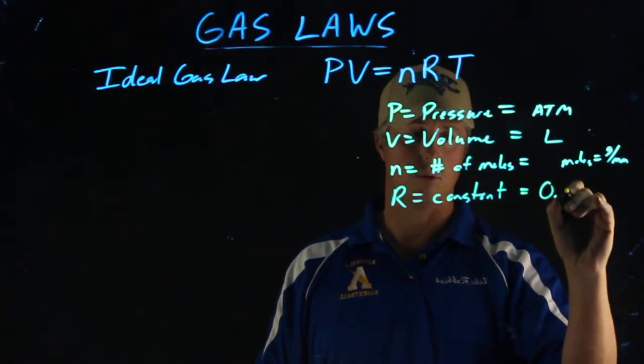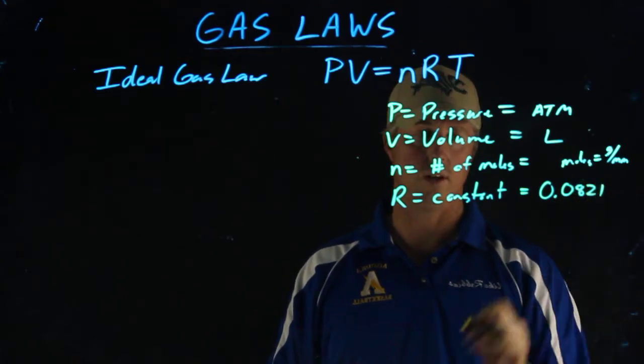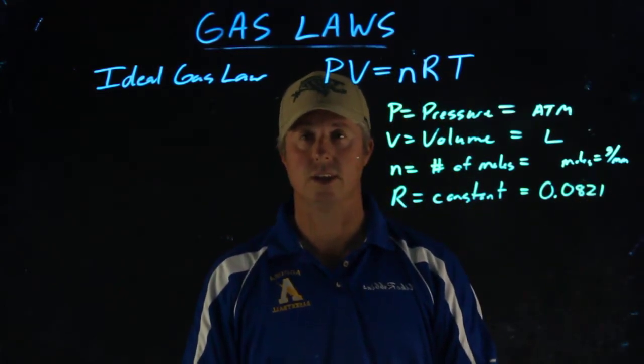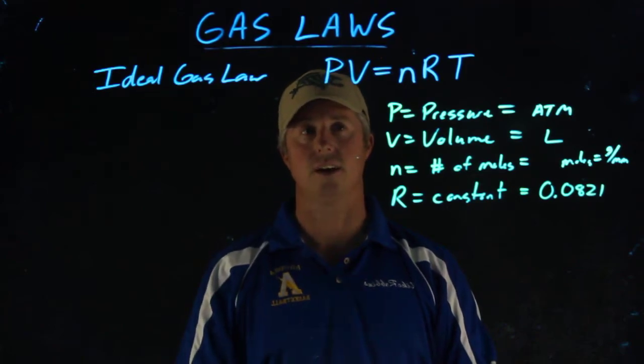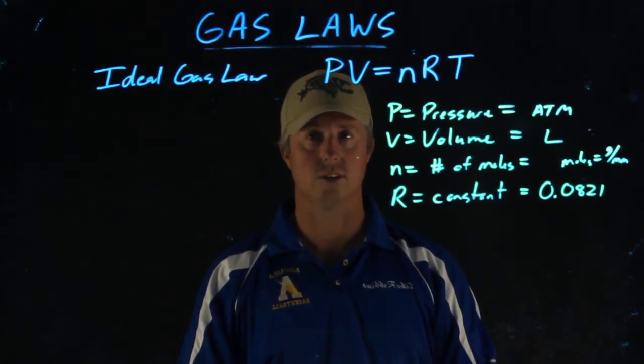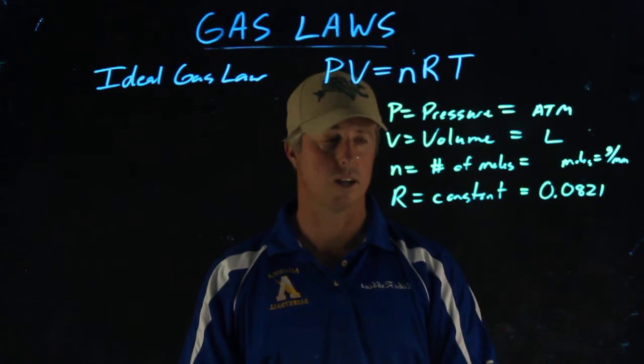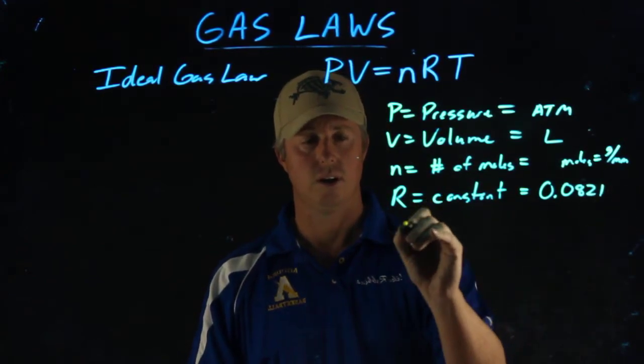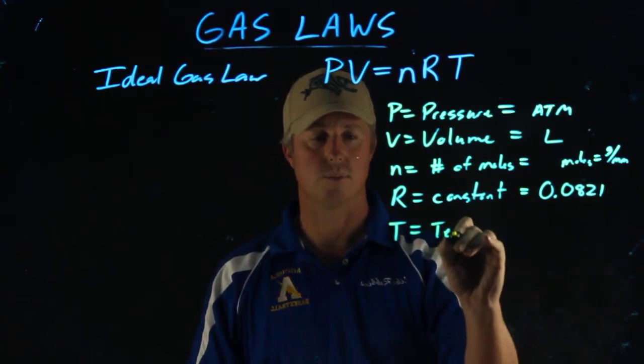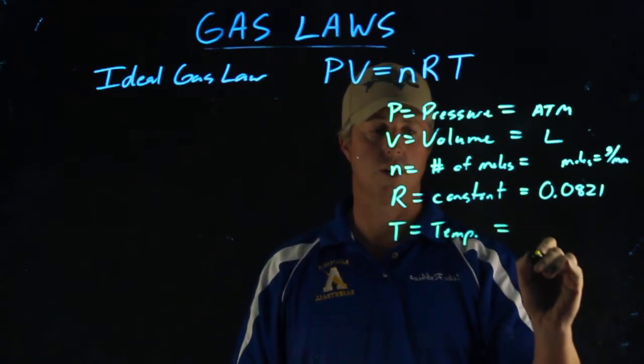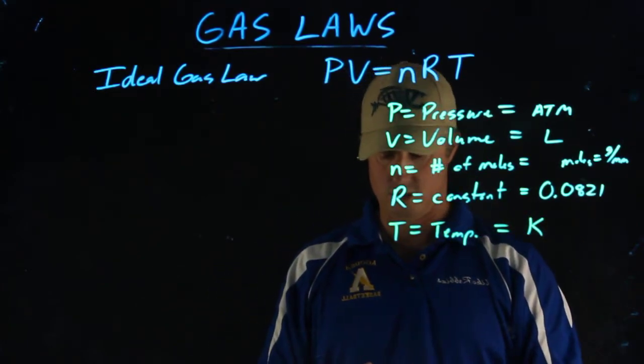And this is going to be 0.0821. Now technically it does have units, and the units we could find if we just solve this equation. So we're going to come back to that in a second, and then I'll fill in the units for R. And then T stands for temperature. And for temperature, it has to be in Kelvin.